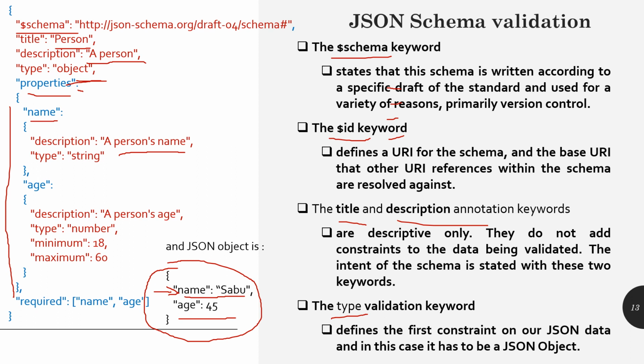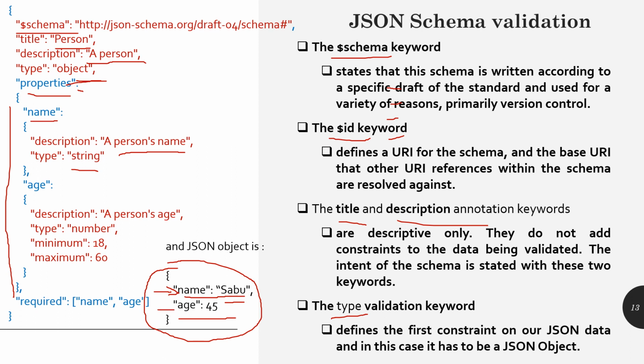Previously we have seen that the entire object describes a person. Now this particular name refers to the name of a person. The type of this thing should be string. That is what this means.